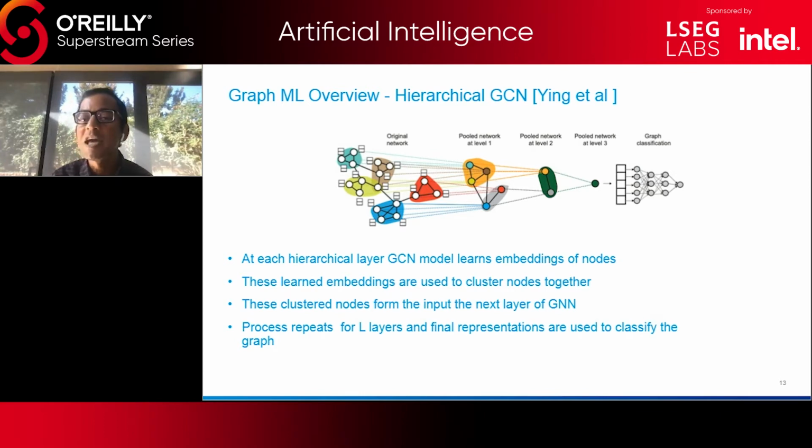In the second layer, these clusters form the input to the next layer of GCN. They again apply nonlinearity and a neural network to come up with the next hidden layer, then pass it through a subsequent layer. Finally, you come up with a much smaller graph, so you're dealing with a much smaller graph at each iteration.